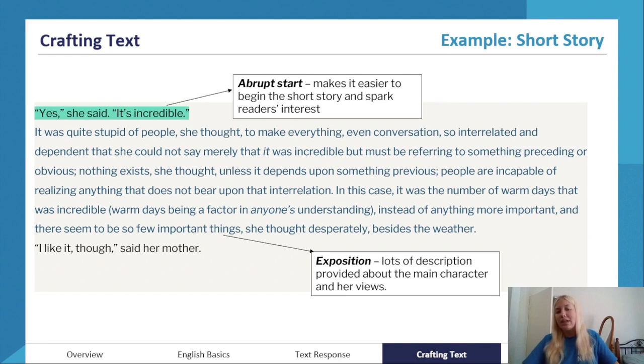They have no understanding of important things, in a sense. People are incapable of realizing anything that doesn't bear upon that interrelation. Nothing exists unless it depends upon something previous. If it doesn't depend upon something previous, these people don't care about it. So it's revealing her perspective. It's describing her internal world.